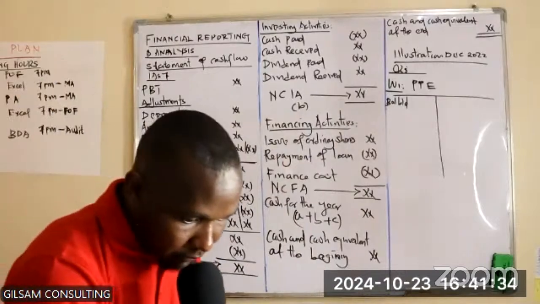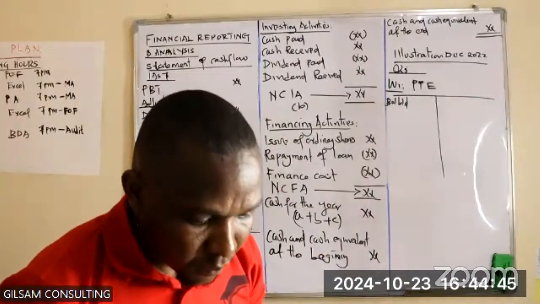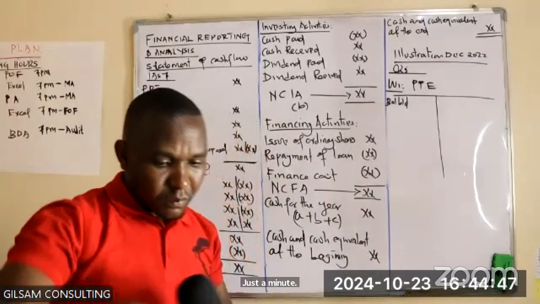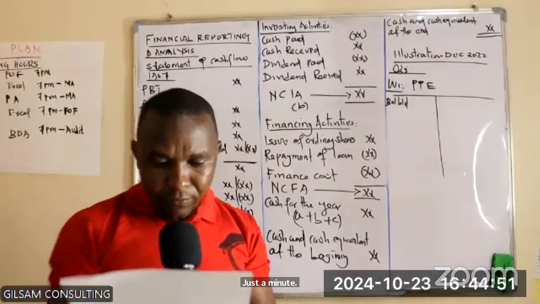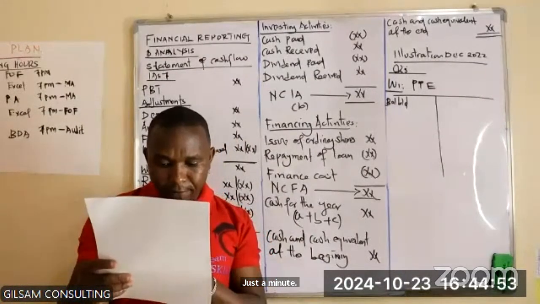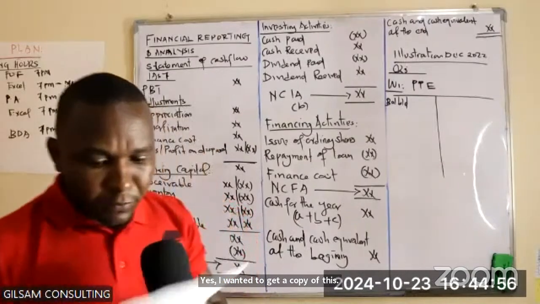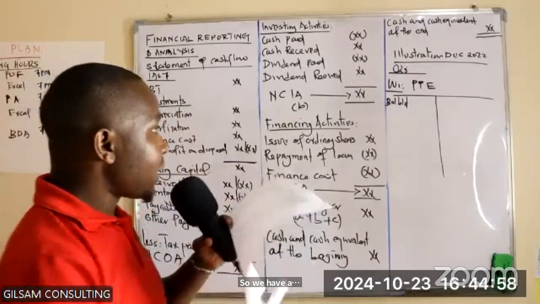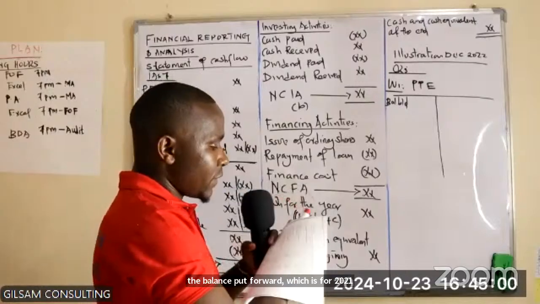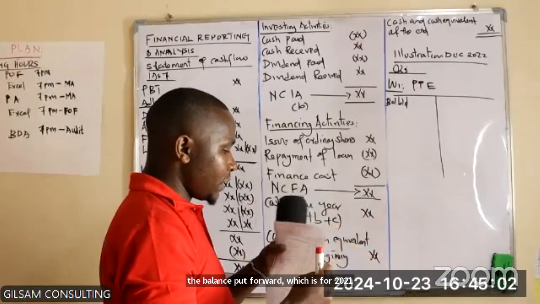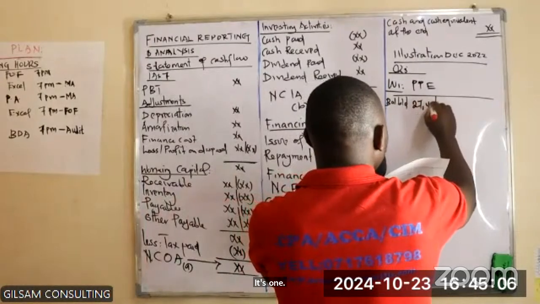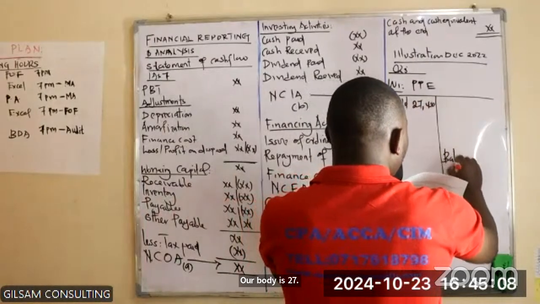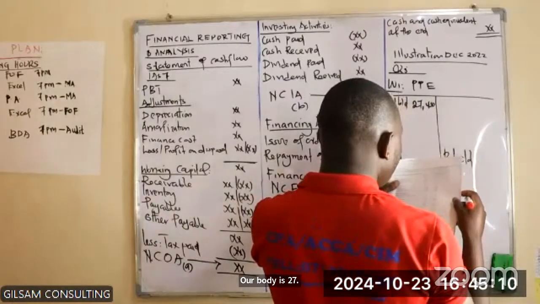I wanted to get a copy of this. So we have the balance brought forward, which is for 2021. Our value is 27,450. Balance carried forward is 36,300.